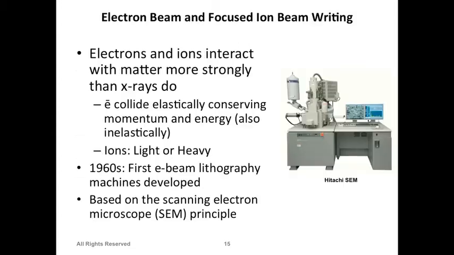So let's look at maybe first the electron beam and focus ion beam lithography. Electron beam lithography is more commonly referred to as E-beam lithography. In the E-beam, basically you have an electron gun where electrons come and strike the photoresist.